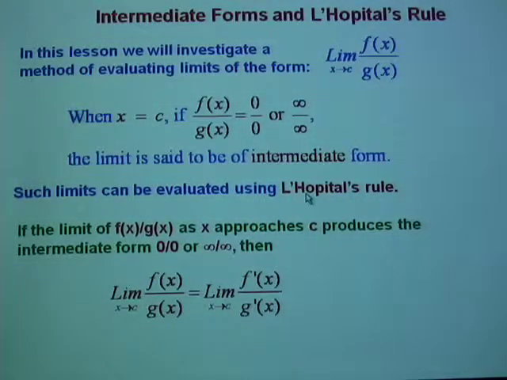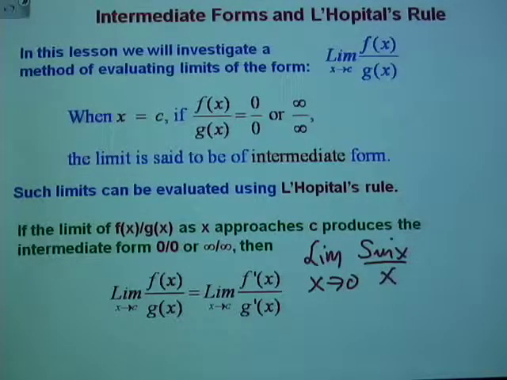Limit as x approaches 0 of sine x over x. By direct substitution, this will give you 0 over 0. According to L'Hopital's rule, this is the same as the limit as x approaches 0 of the derivative of sine x, which is cos x, divided by the derivative of x, that will be 1.